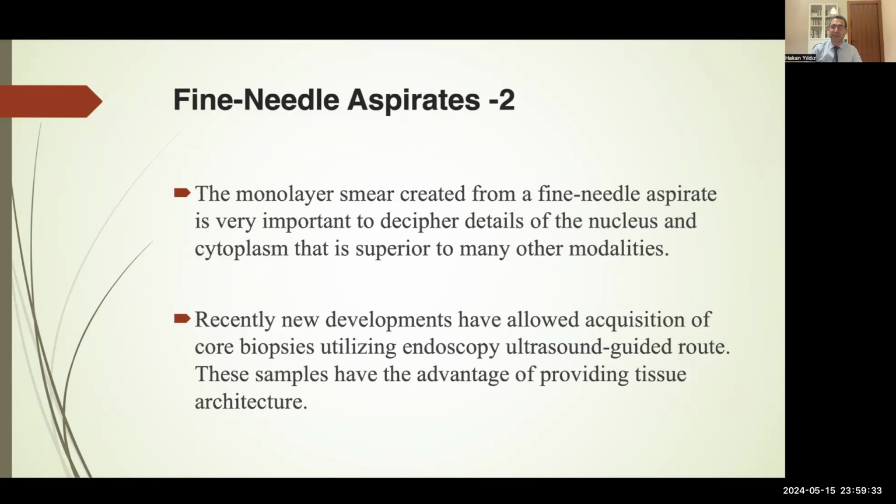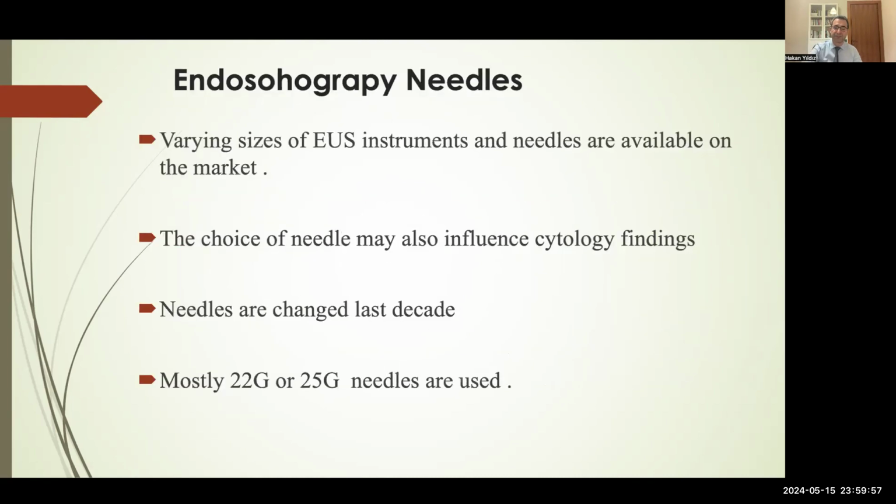The monolayer smear created from a fine needle aspirate is very important to decipher the details of nucleus and cytoplasm, which is superior to many other modalities. Recently, new developments have allowed acquisition of core biopsies utilizing the endoscopic ultrasound guided route. These samples have the advantage of providing tissue architecture.